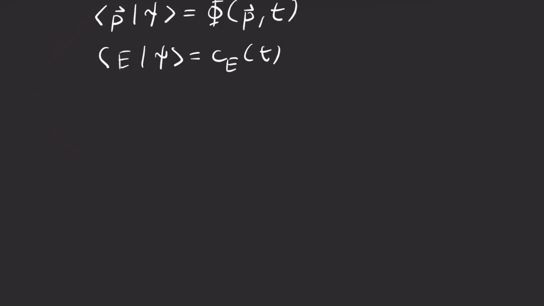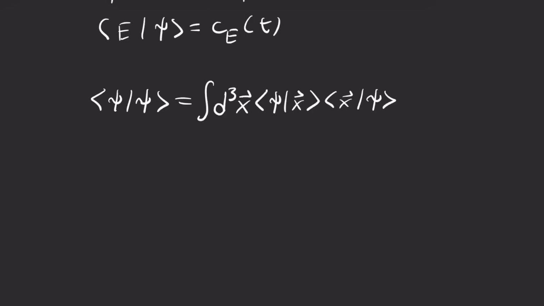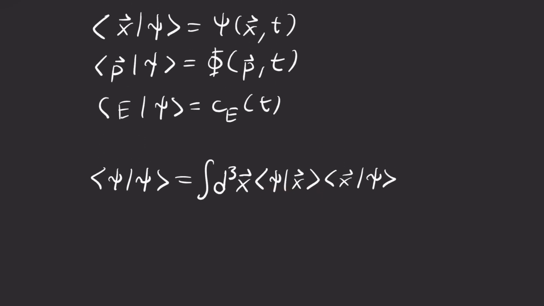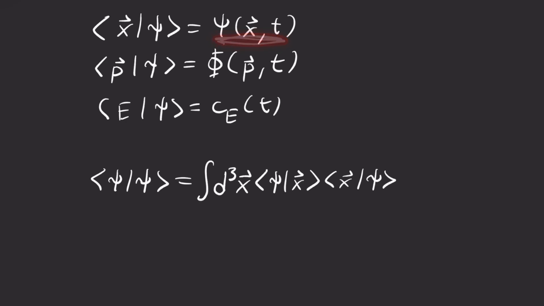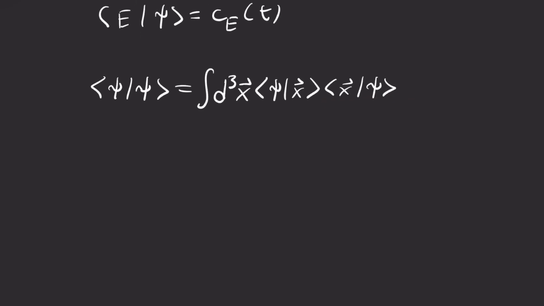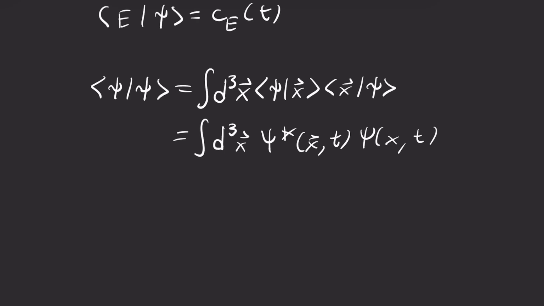And something else that I can do is express the Born rule in terms of these bases, right? So this is going to become essentially the complex conjugate of our function. And this is just going to be our normal function. So I can rewrite this like this, and this equals 1.